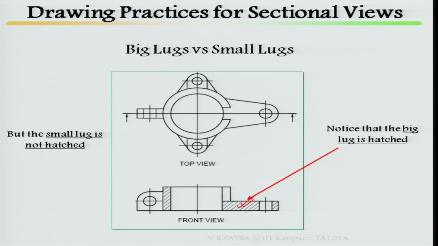In a solid there is a big lug as well as small lugs. Here it is a big lug, so the big lug has been hatched, the small lug has not been hatched. Once you do this drawing and show the sectional view this way, it gives an indication that this lug is big, that is why the hatching has been done. This lug is small, that is why there is no hatching.